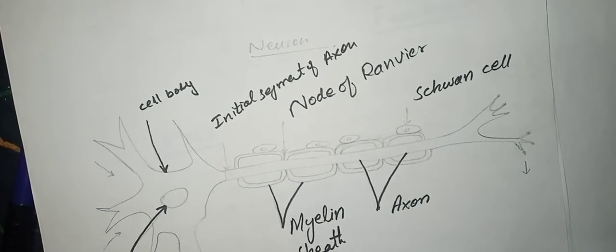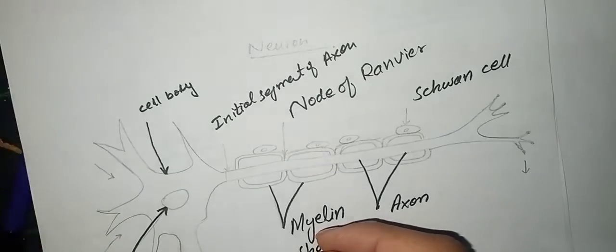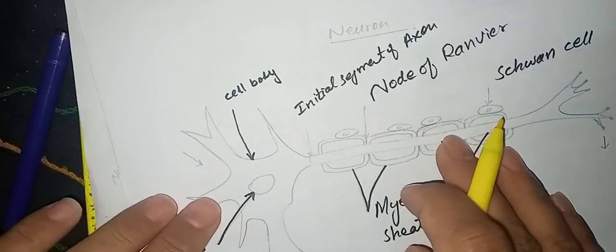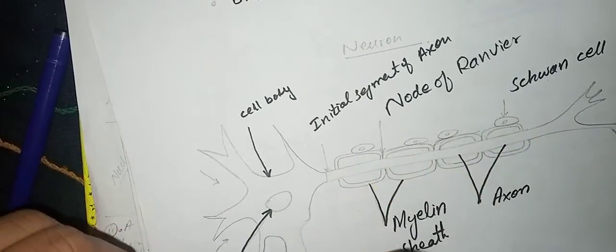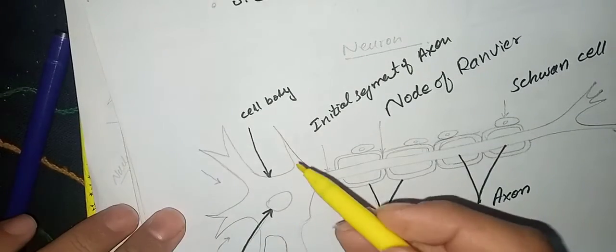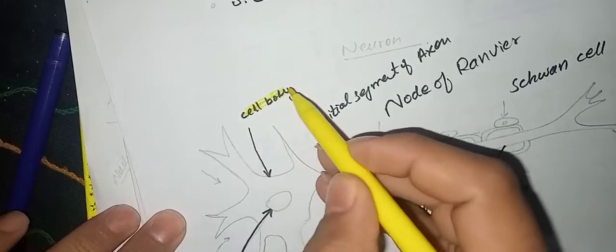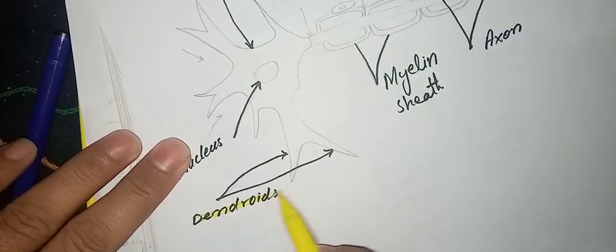Okay, let me explain this now. A neuron consists of three parts. The first is the cell body, as you can see. The second is the dendrite.